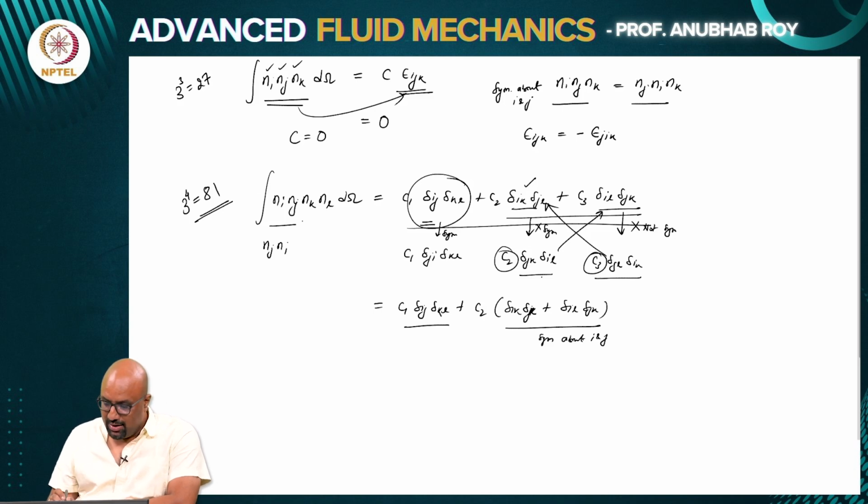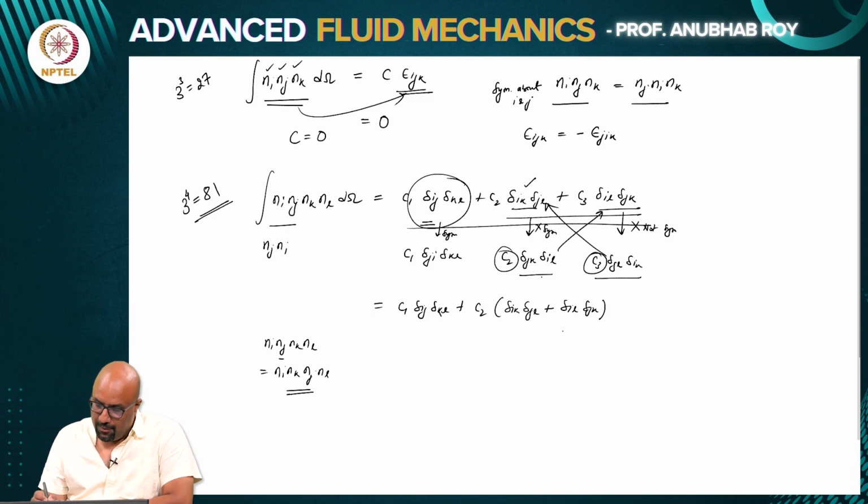Let us now check what about, let us say, j and k. If I take j and k, Ni, Nj, Nk, Nl, if I flip the indices, it's the same. There is a symmetry about j and k.